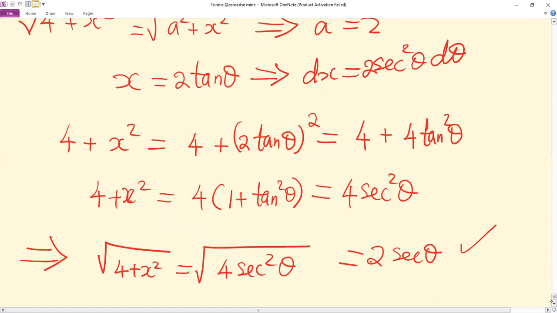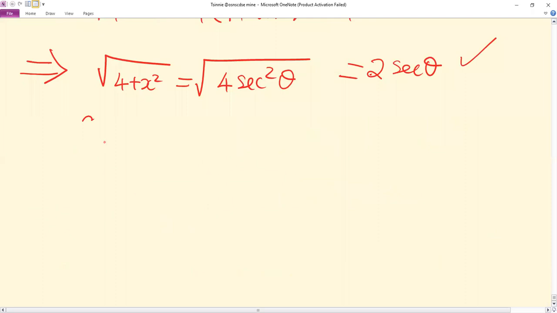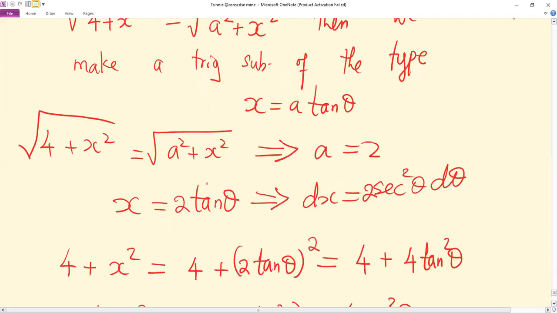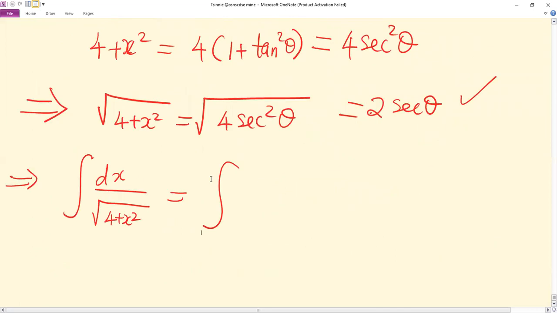So the integral of dx over the square root of 4 plus x squared will be the same as the integral where there's dx, we put 2 sec squared theta d theta, and the square root of 4 plus x squared, we have found to be 2 sec theta.